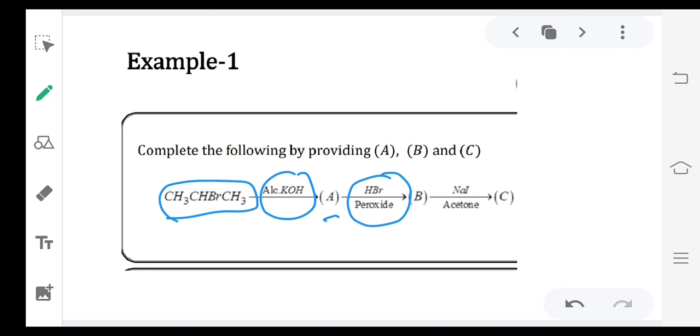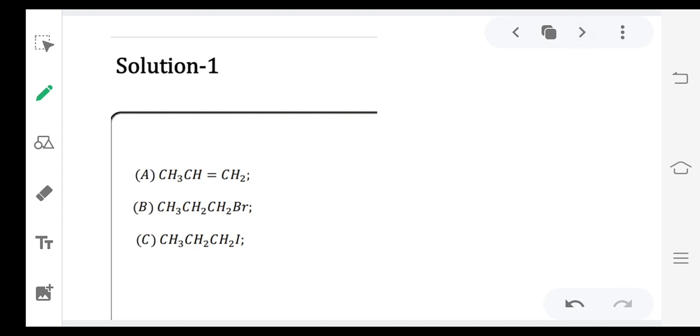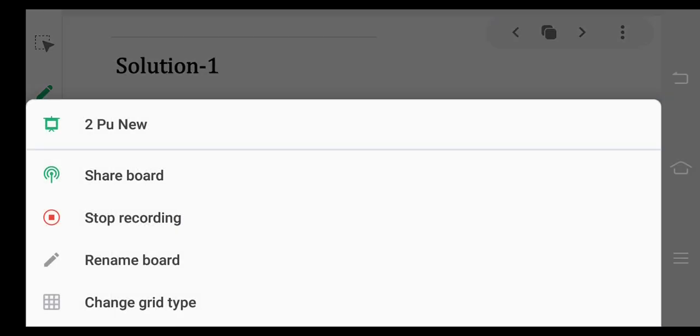After that we are using NaI in the presence of acetone, and then you will get the product alkyl iodide. So what are the products? The first one is alkene, the next one is alkyl bromide. So from the alkyl bromide we are preparing the alkyl iodide. Thank you.